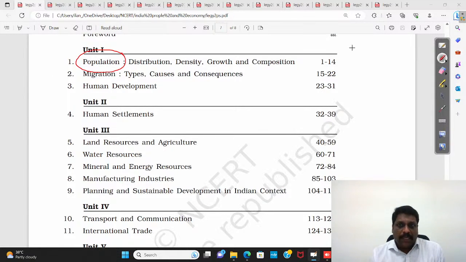See, 2021, we were supposed to have our census data, but given the pandemic situation, we were not able to conduct that census. Okay. So hopefully 2023 or the beginning of 2024 we'll be having our census document.